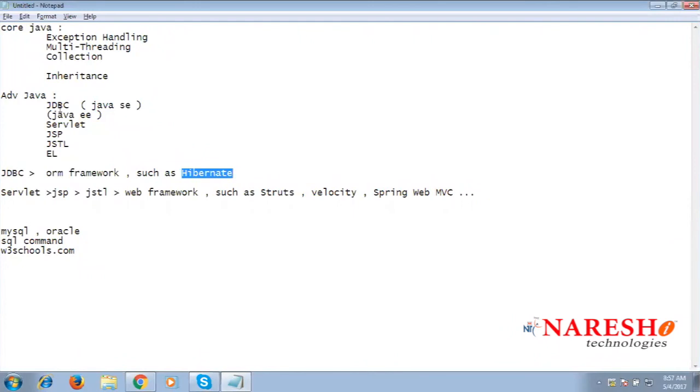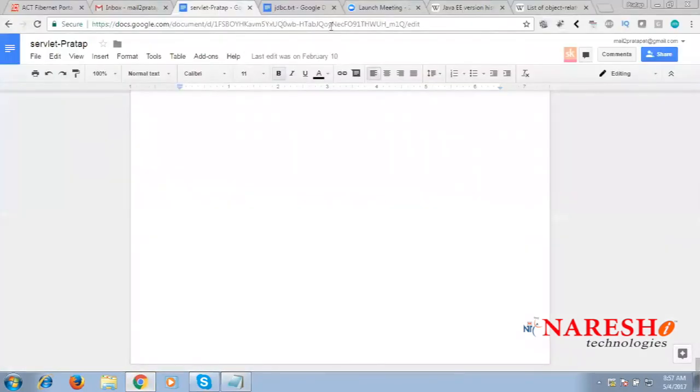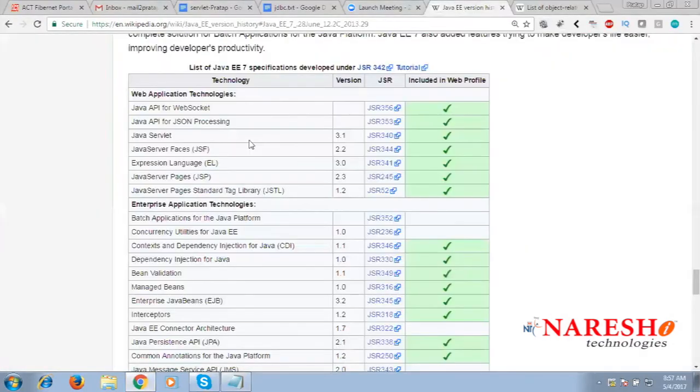It is also very important to know that we are always going to discuss the latest version. In JDBC we'll be discussing 4.0. I'll be showing you here on Wikipedia a comparison between the technologies, and you can understand the different versions from here.